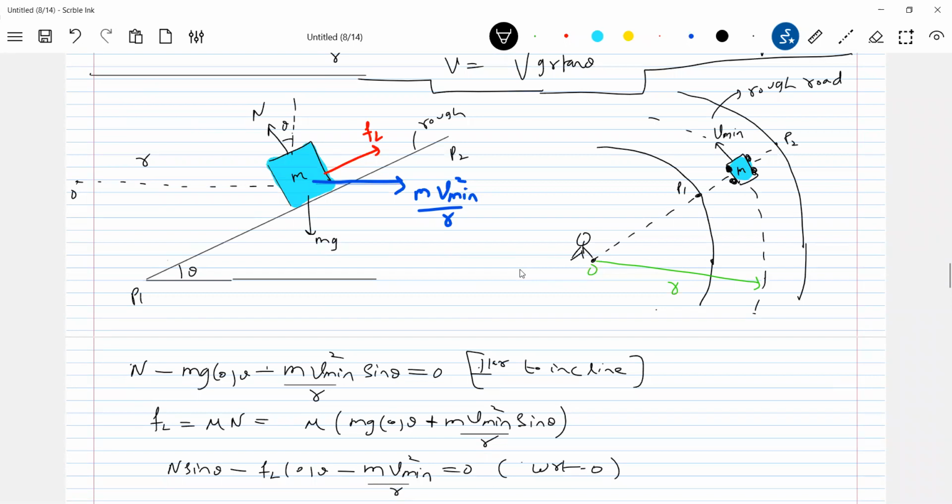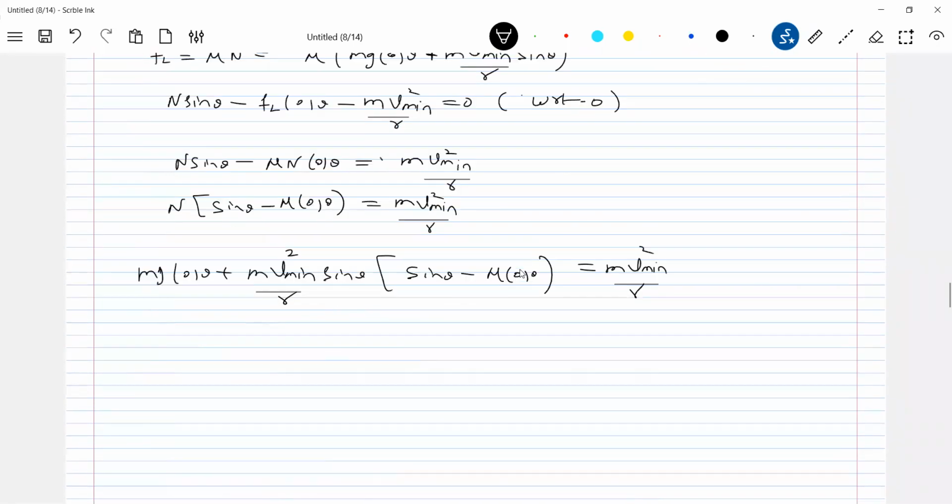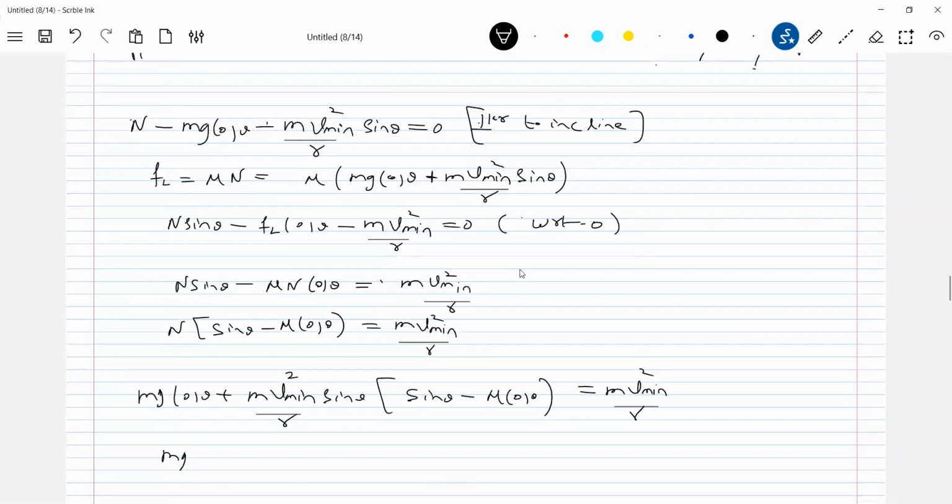Either of the things, or you can do one thing: N cos theta plus FL sin theta minus mg equals 0. Then along the x-axis, or along the incline and perpendicular to the incline, any of the methods. Anybody solve this? This will be mg cos theta. So mu g should be there.